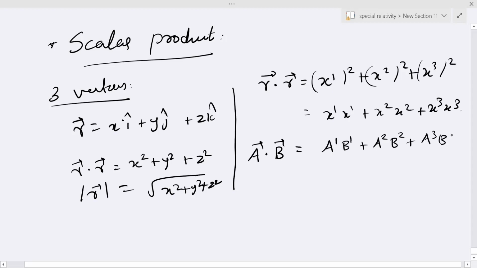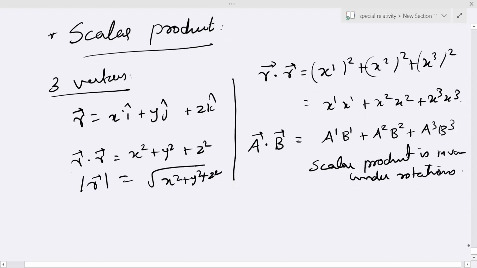We are just taking the components and multiplying the first component with the first, the second with the second, and the third with the third. And we know that the scalar product is invariant under rotations.